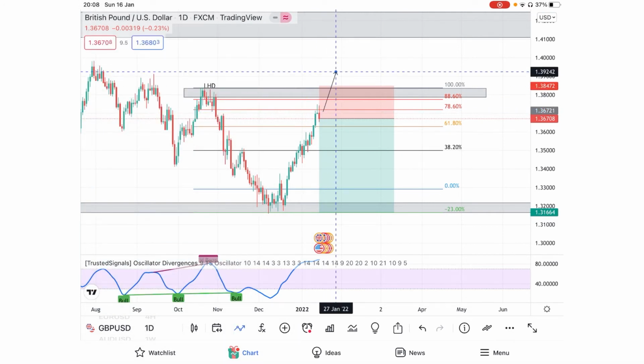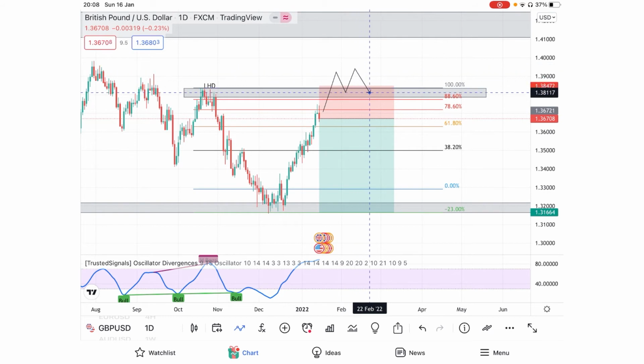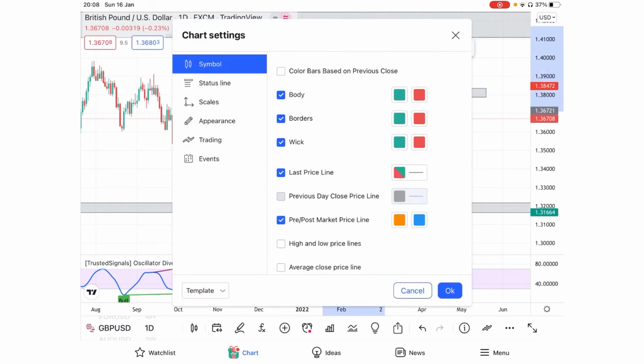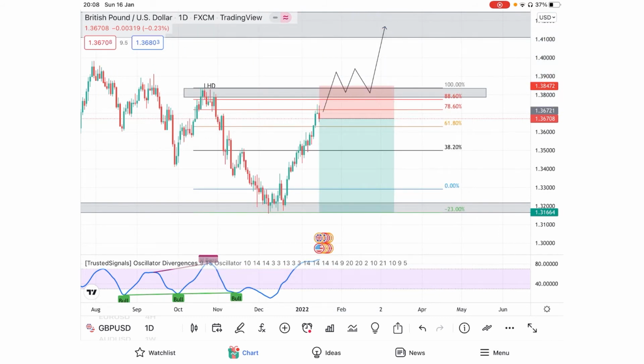If you see price doing this and then boom, straight up and forming some bullish candlestick patterns, you can enter a buy position right here. After you get the confluences, place the stop loss underneath and the take profit at the resistance zone. That could also be a possible setup.